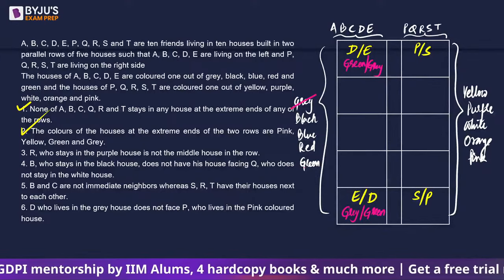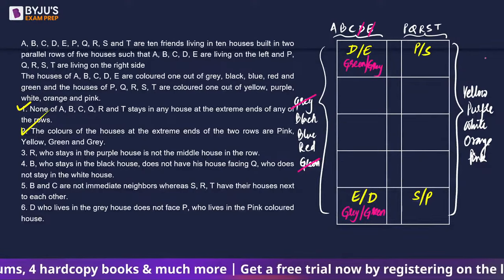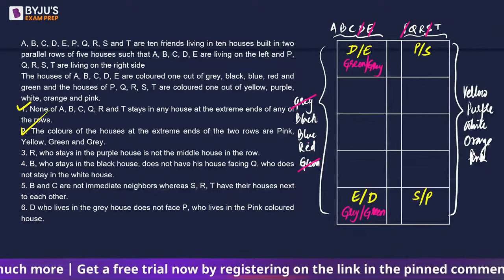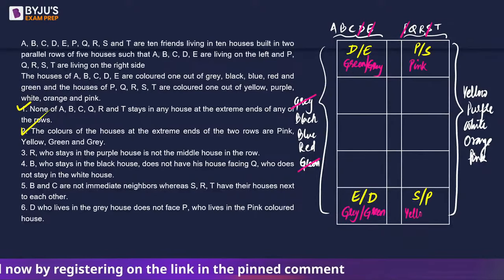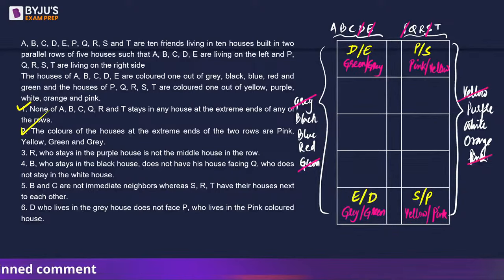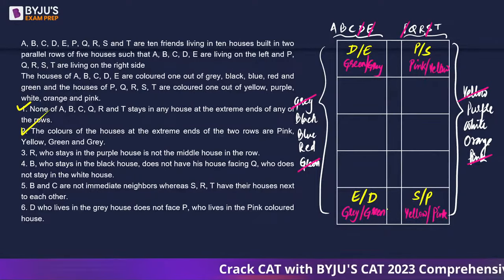So gray and green are taken, right? D and E are taken. Similarly on the other side, P and S are taken, and the colors are pink and yellow. So we can have the pink color here, or we can have the yellow color, or maybe pink here and yellow here. So yellow and pink are also taken, right? Okay, next statement. R, who stays in the purple house, is not in the middle house in the row, right?